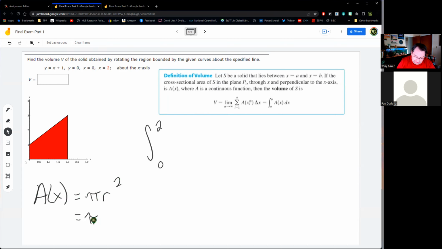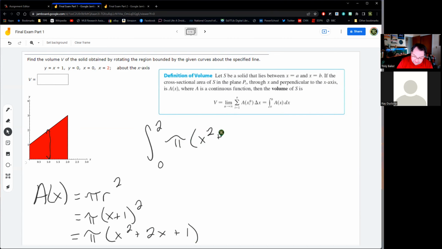We've got pi, and the r is my radius, which is the equation right there. In this case, it's x plus 1 squared. Then we're going to FOIL that out, so I got x squared plus 2x plus 1. So my integral is pi times x squared plus 2x plus 1 dx.